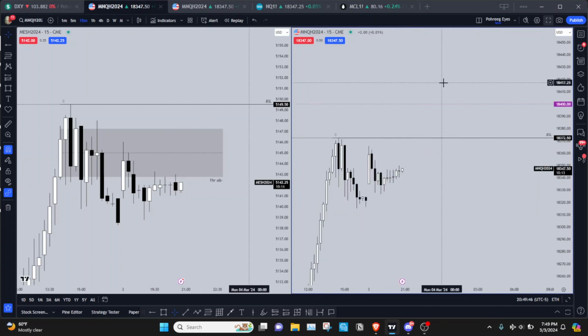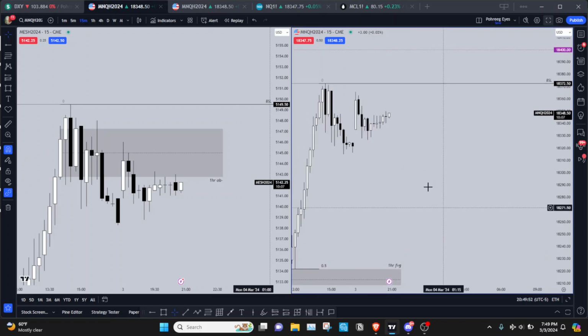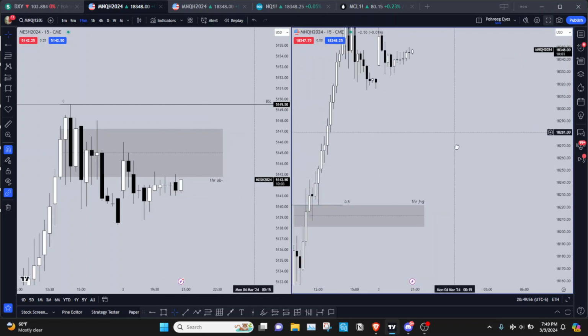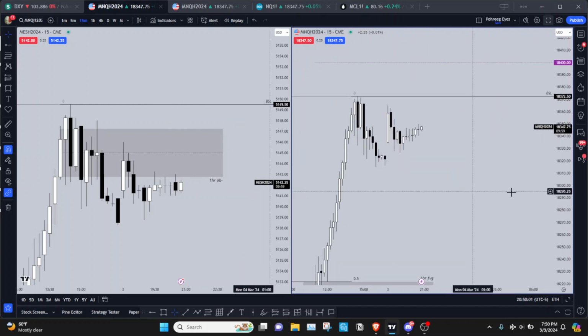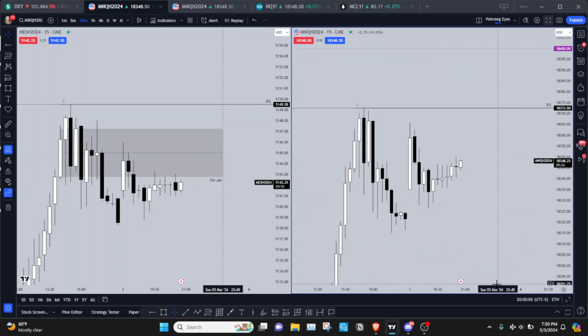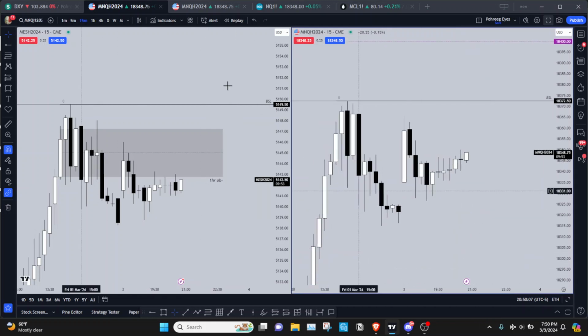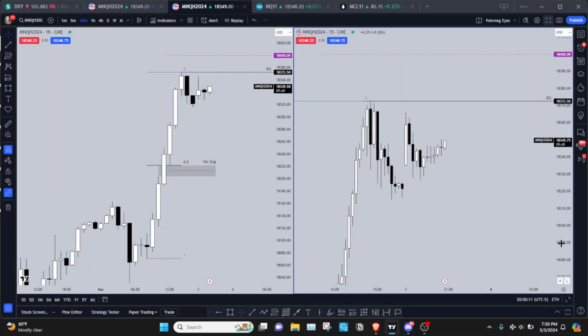This right here is the high, and here is the low. So from external to internal liquidity. That is what I'm thinking right now. It's basically what I would like to see tomorrow for us to trade higher.